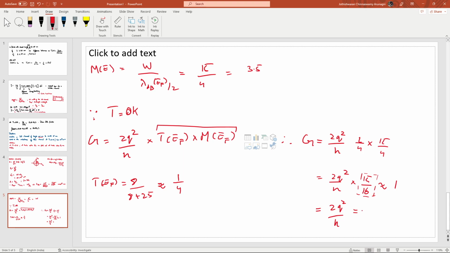There have even been assignment questions regarding this. Does anyone remember? 1 by 12.9 kilo, yes. So this is 1 by 12.9 into 10 to the power 3 ohms.